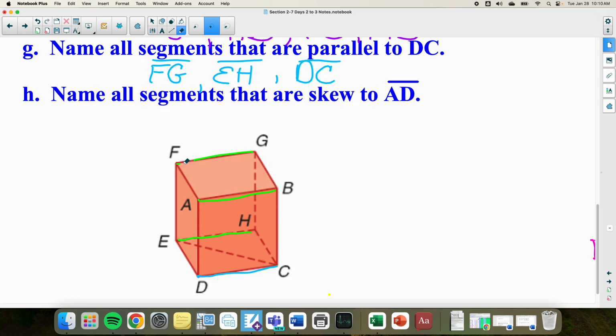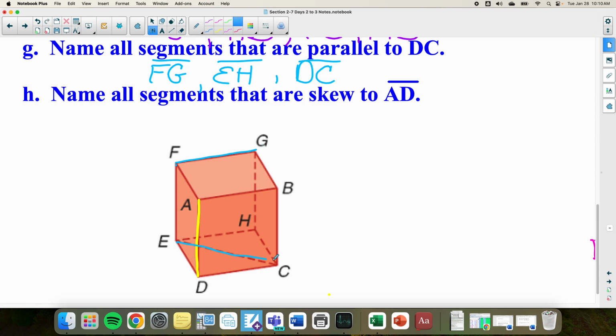Then we have name all segments that are skew to AD. With skew, they can't touch it, and you can't put a plane through it or be in the same plane. Okay. Say that one more time. FG is correct. FE would be parallel, right, to the yellow? EC. Yes.